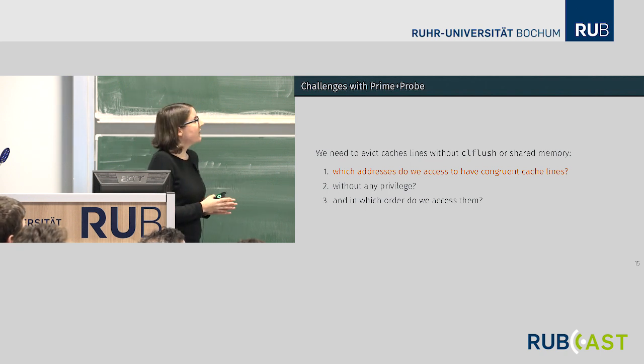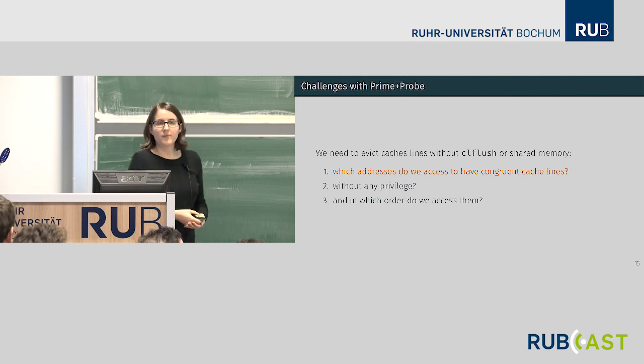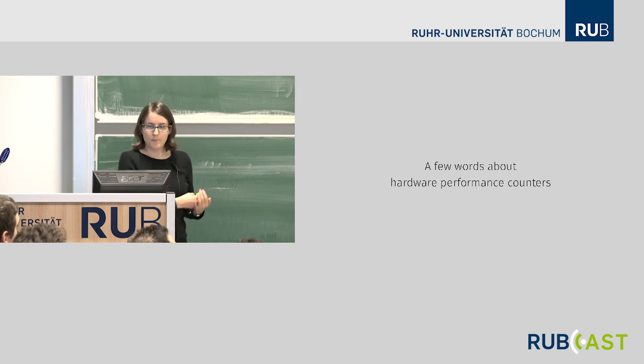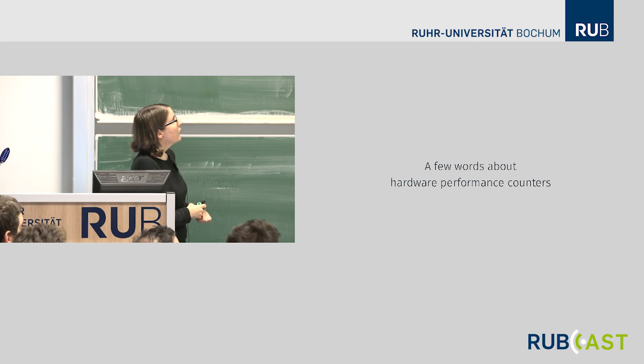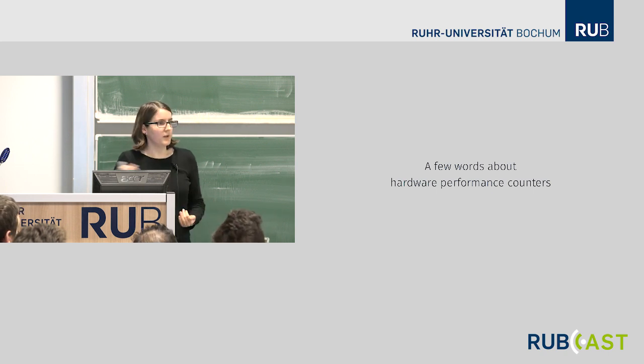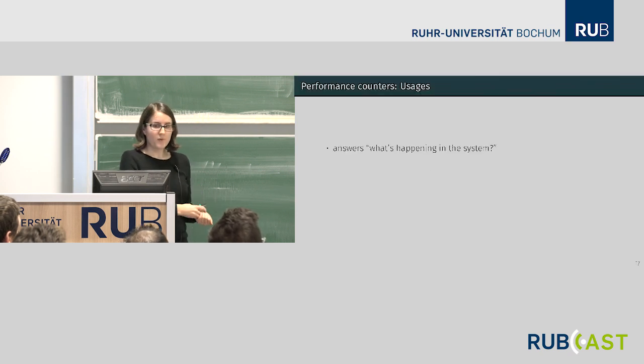And to have that, we need to reverse engineer the last level cache addressing. So before that, I will talk about hardware performance counters, because this is what we use to perform the reverse engineering task. So hardware performance counters are really great. They answer this question that we all want to know: what's happening in the system?